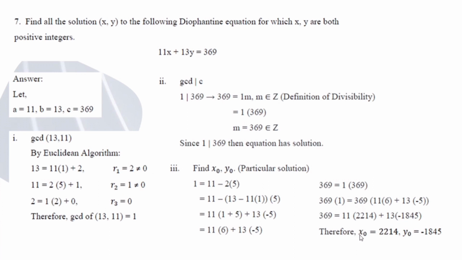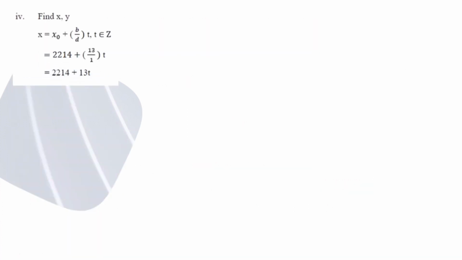Therefore, the initial value of x, which stands for x0 here, is equals to 2214, and the y initial, which stands for y0, is equals to negative 1845. For the next step, we should find the value of x and y.